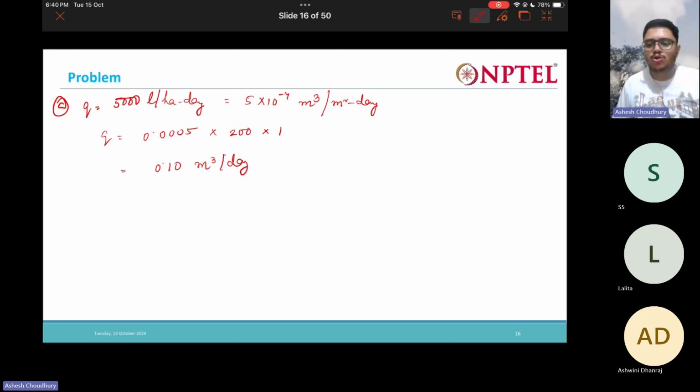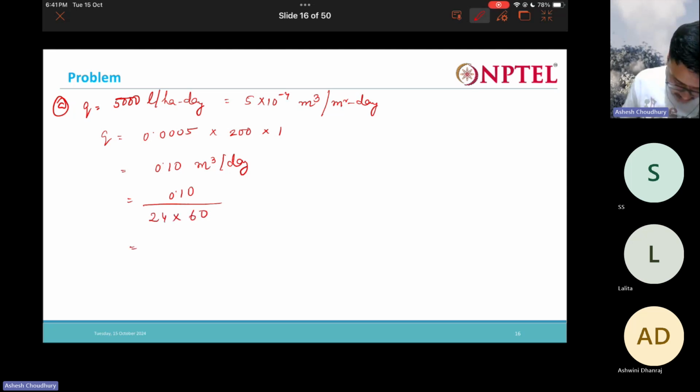Here 200 is the width, and 1 is per meter length in the out-of-plane direction of the screen, so we get the flow in cubic meters per day. Then we convert the units again to per minute, so we get 6.9.